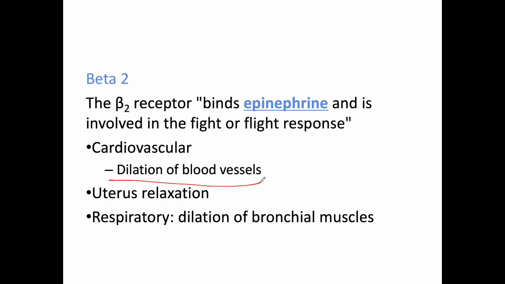You got the marginal arteries, if you recall from anatomy. It helps the uterus relax, and it dilates the bronchioles. You dilate the bronchioles to get more air in and out. So what I want you to know is the locations of these 4 receptors, what kind of chemical they bind to, and what happens when you bind to those receptors.